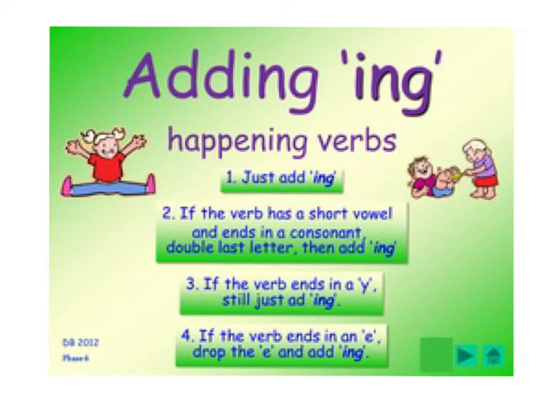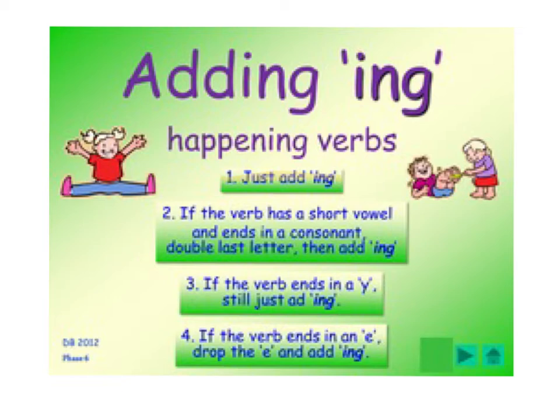So again, when we add ing, that's showing that it's happening right now. We can call them happening verbs. Sometimes, like when I said talk, we might just add ing. That's all. But other times there might be other rules.